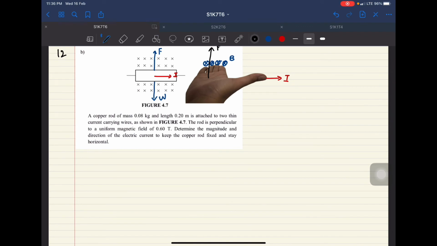Okay, so if you have balance of force, the summation of force equals 0. F net equals 0. So we have F minus weight equals 0. Weight is equal to mg. I bring it to the right hand side. And since we are talking about a straight conductor, the force would be BIL sine theta.